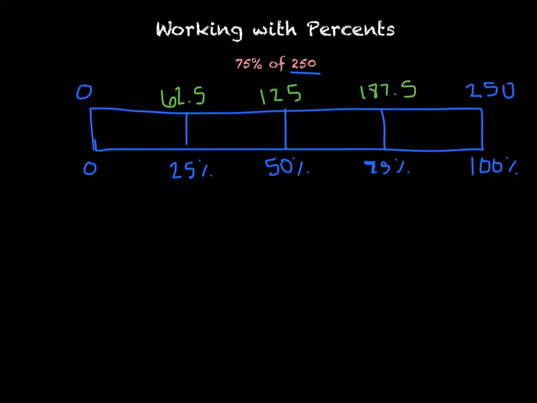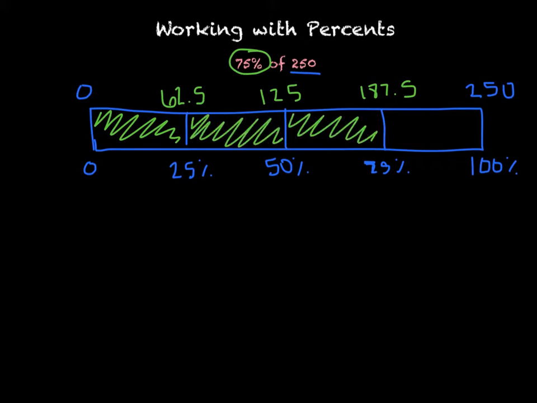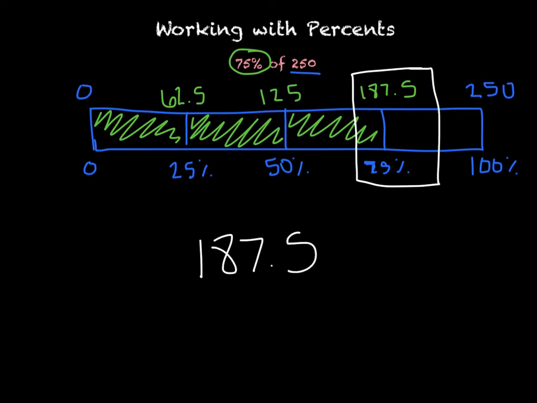On our percent bar, we need 75%, so there would be 25%, there would be 50%, and there would be 75%. So where they match, our 75% will give us our answer of 187.5. So it's kind of a cool way to do it.